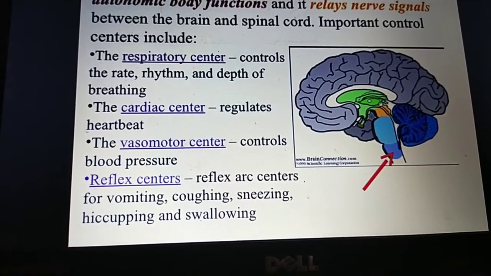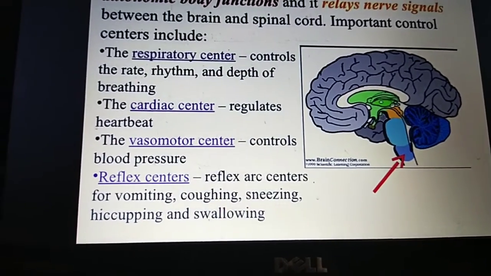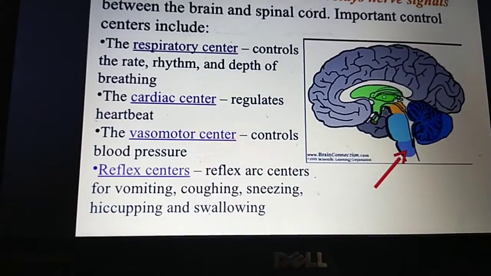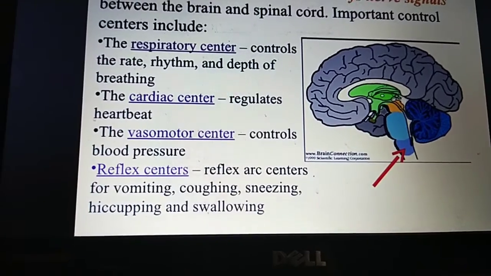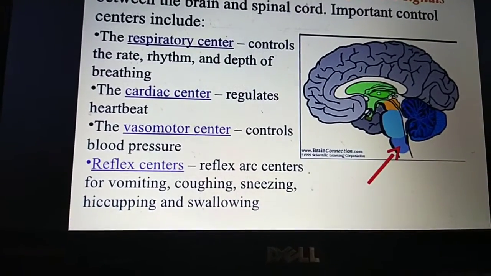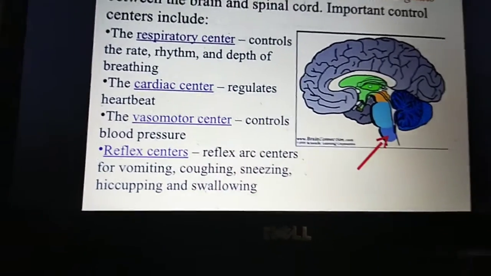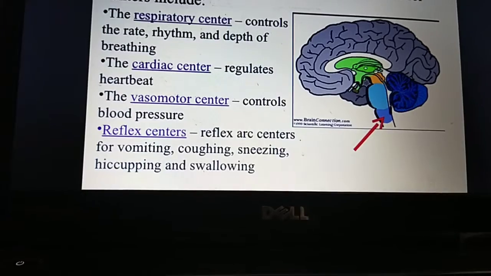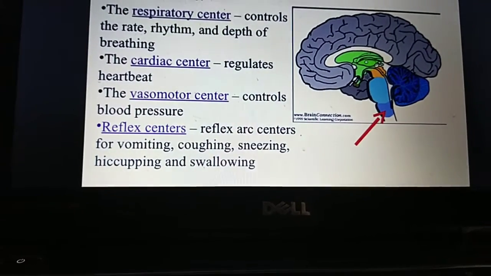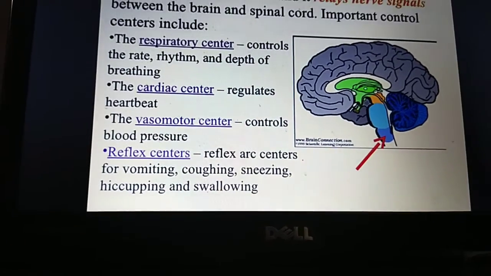The respiratory center controls the rate, rhythm, and depth of breathing. The cardiac center regulates the heart rate and contraction of the heart. The vasomotor center controls the blood pressure. The reflex centers are for vomiting, coughing, sneezing, hiccups, and swallowing.